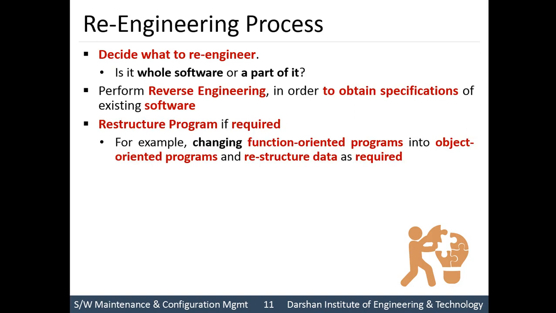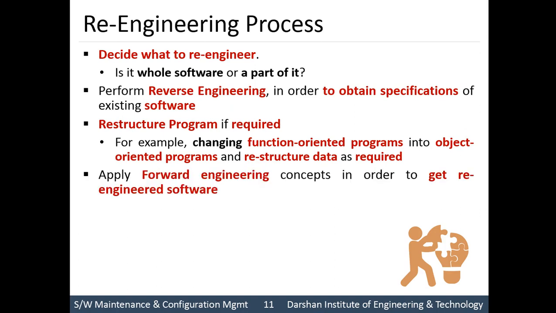Now, after obtaining the specification, we may restructure the program if required, for example changing a function-oriented program into an object-oriented program, or restructuring the database or data structure. Because whatever was written in the old software, for the new requirements, new programs and new technology, we may change the way we want to deal with it.